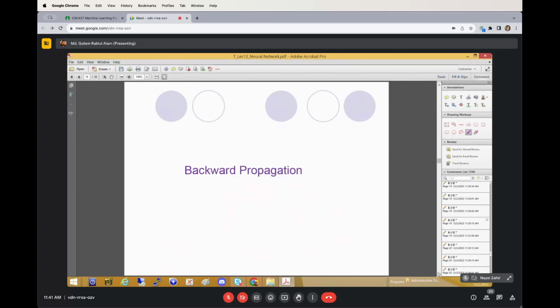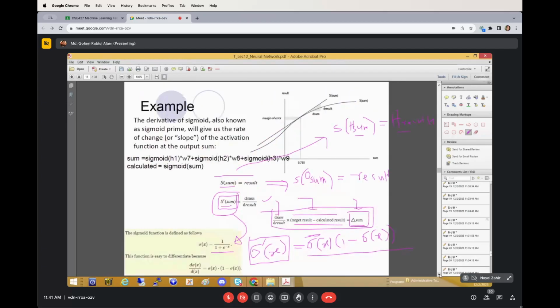That's what we are trying to write here: sigmoid of the hidden layer sum equals hidden results. Again, if we take the derivative of the sigmoid of the hidden layer summation, it will be our delta A sum by delta A's results.